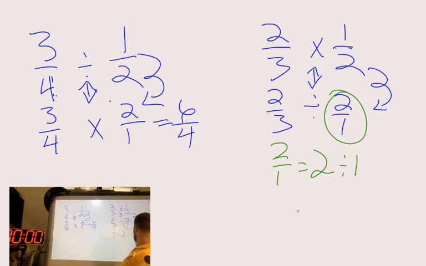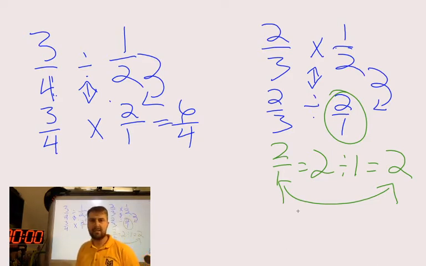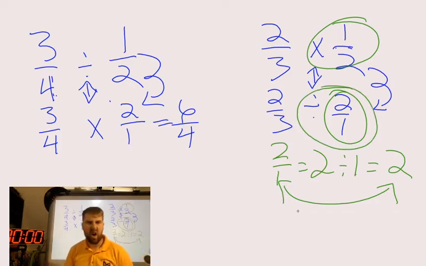So it's 2 divided by 1, and 2 divided by 1 is 2. So 2 wholes, 2/1, is the same thing as 2. Oh my goodness. So when we multiply something by 1/2, it's the same thing as dividing by 2. Holy cow, wow.